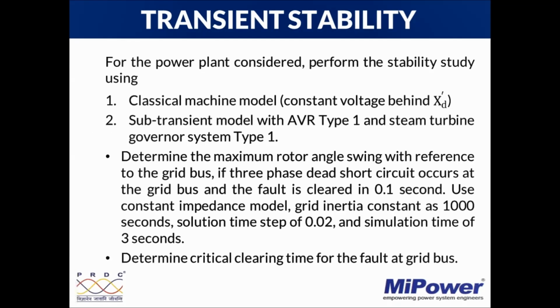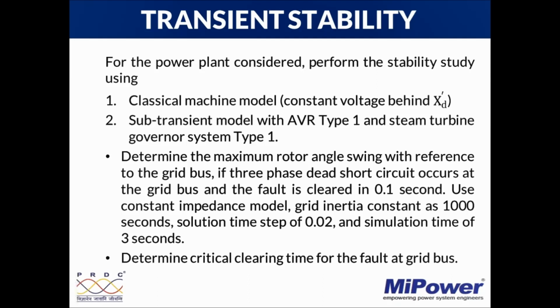Now we will consider the case study. For the power plant considered, perform a stability study using the classical machine model or constant voltage behind XT dash. Then use the subtransient model with AVR type 1 and steam turbine governor type 1.